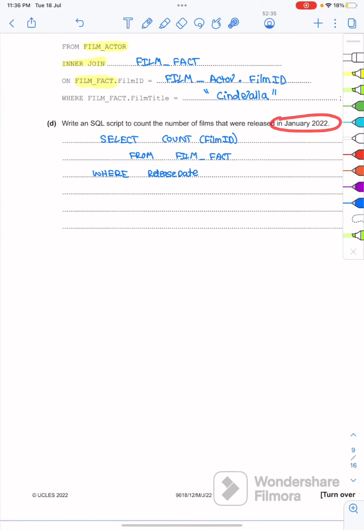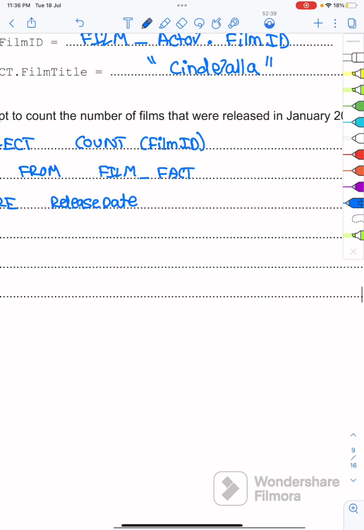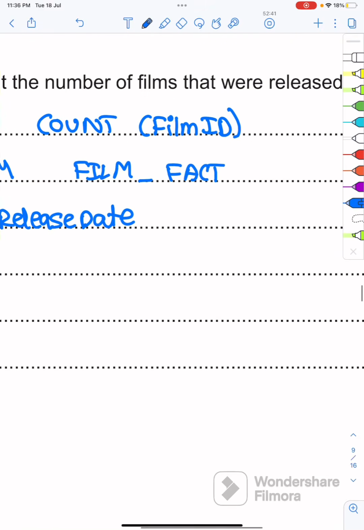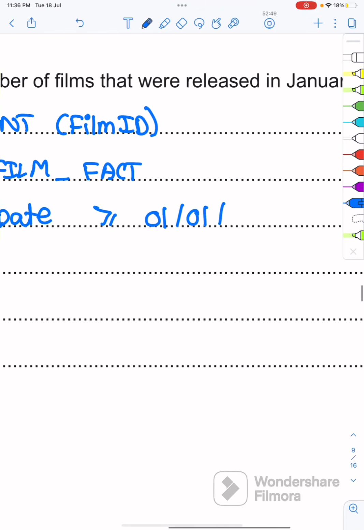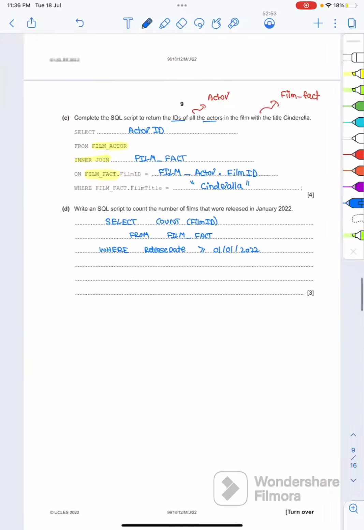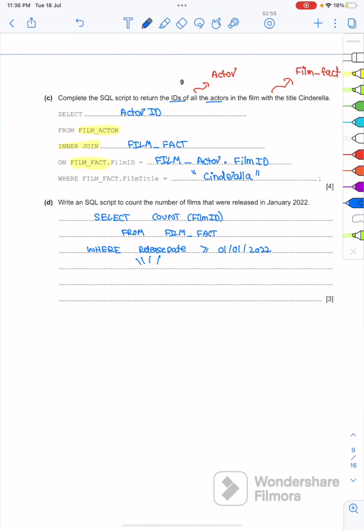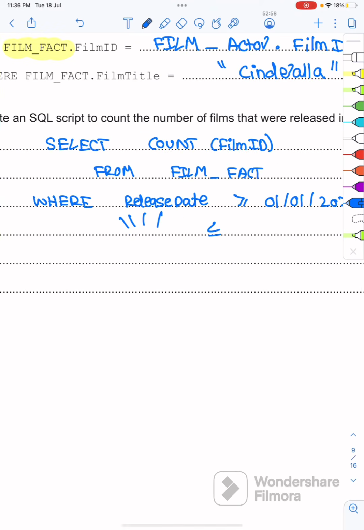So there are a few ways that you can write it. You can do it separately, and you can say where release date is greater than or equals to 01/01/2022, and release date was less than 31/01/2022.